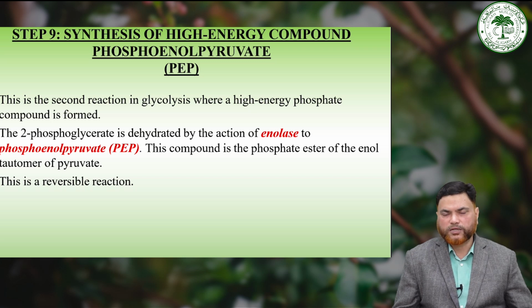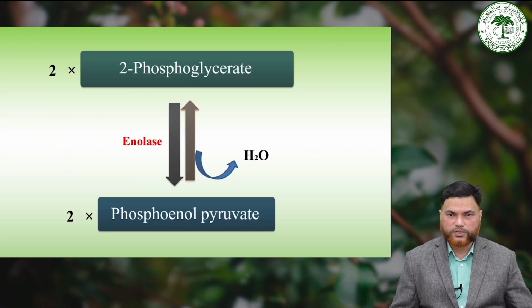The enzyme is hindered by fluoride ions in the presence of phosphate. Now you see how this reaction is catalyzed by enolase: 2-phosphoglycerate is converted into phosphoenolpyruvate.